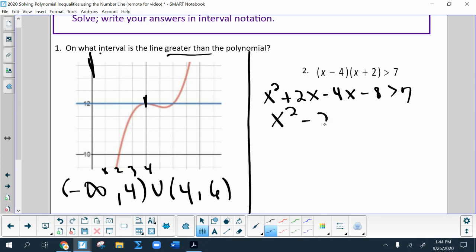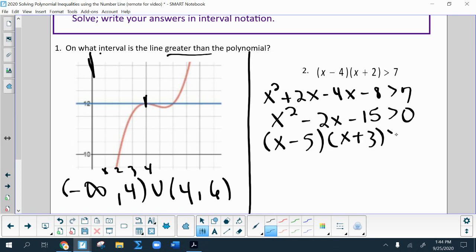X squared minus 2x minus 15 greater than 0. Now we can use the number line method. Otherwise, you'd have to graph this quadratic, graph the line y equals 7, and find the intersection, which if you have a calculator, that'd be great, but these will be non-calculator questions.